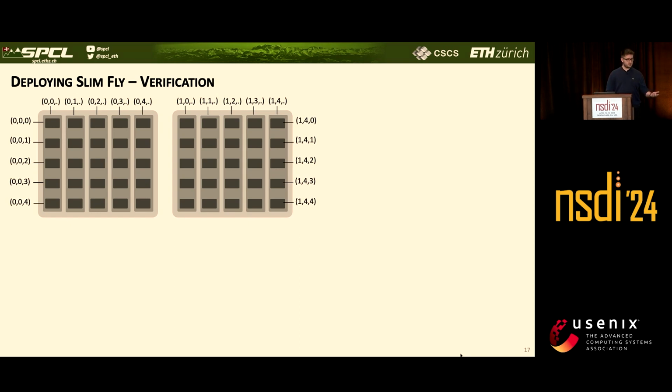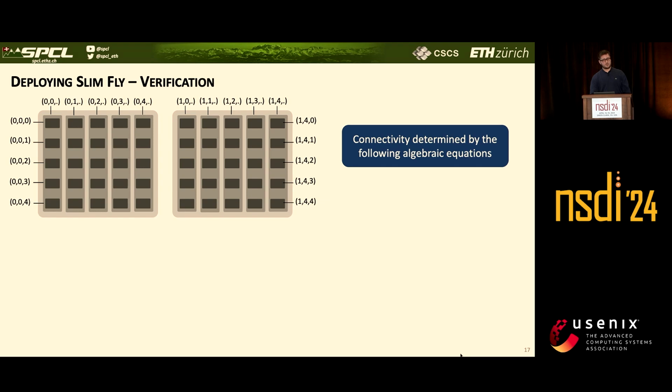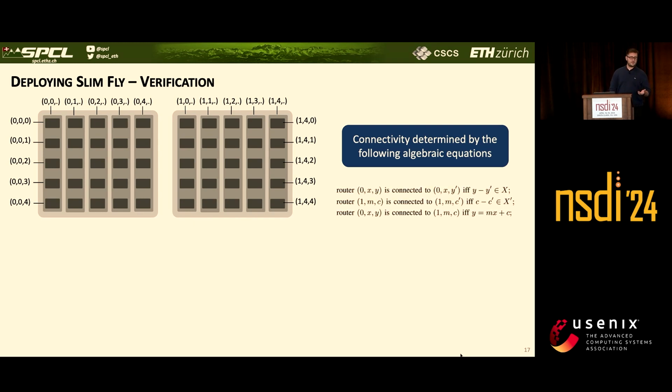The first index is the subgroup, and the rest is just the position in the grid, right? And then we can use the actual algebraic structure, which I mentioned earlier is this finite field, whose elements we then plug into three very simple equations to determine what other switches or routers a given switch is connected to.